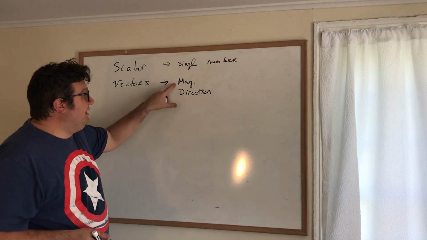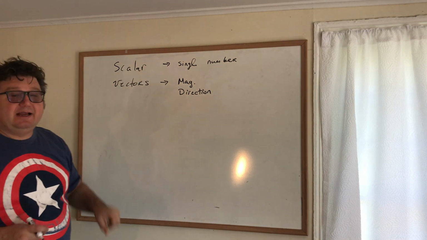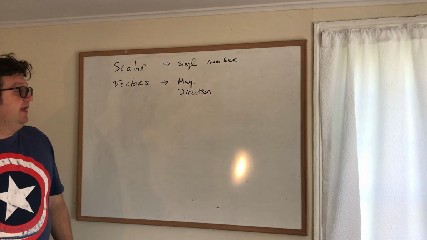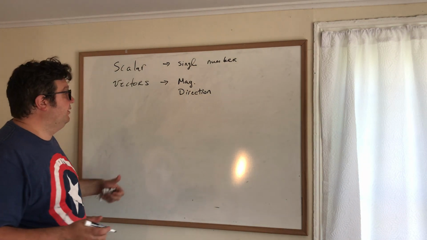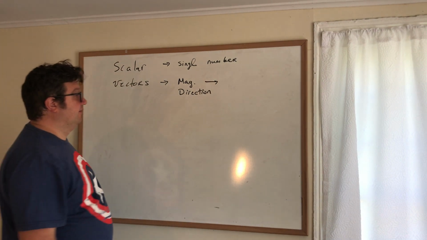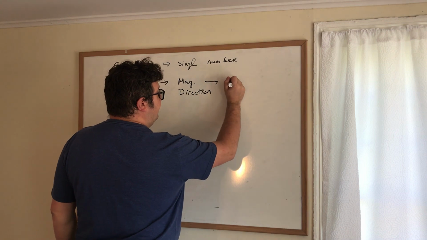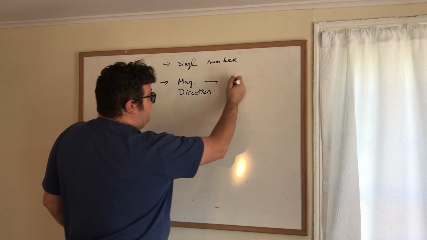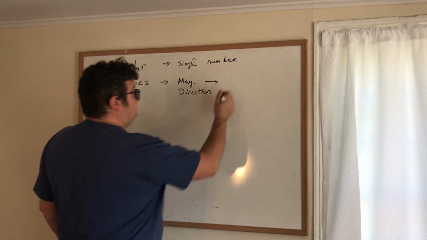So the magnitude is how fast they're going and the direction is the direction in which they're going. And so in physics, to be very precise, we're going to define a couple of things. So the magnitude you can think of as like how much.